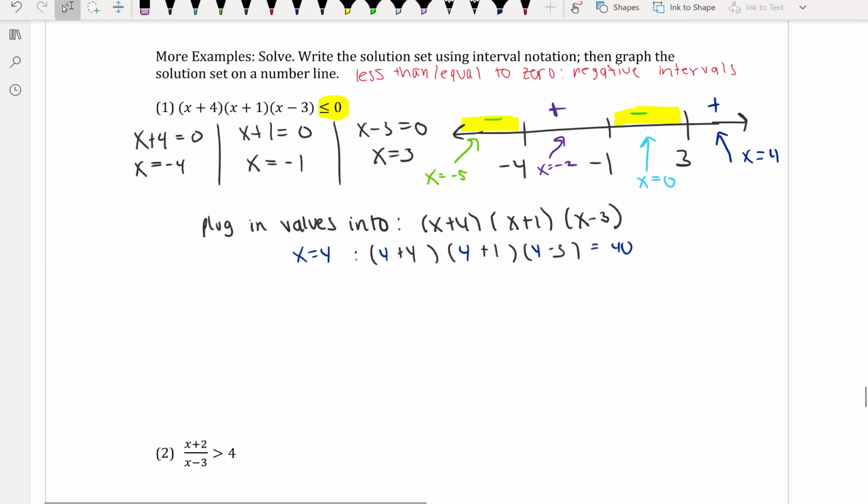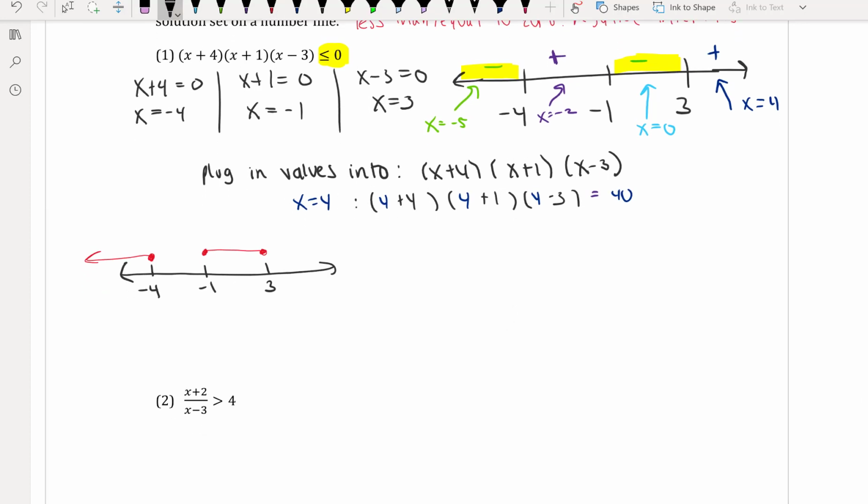So now I can redraw my graph. I still have my boundary points, negative 4, negative 1, positive 3. And I know that I'm looking at negative 4, and the negative interval goes this way. I'm also looking between negative 1 and positive 3, and it's everything in between.